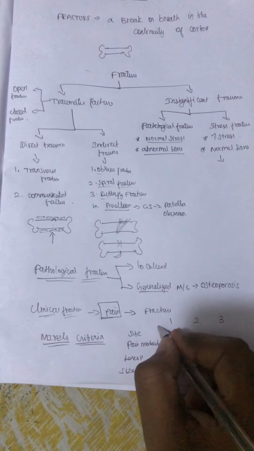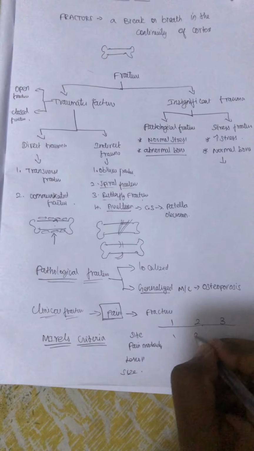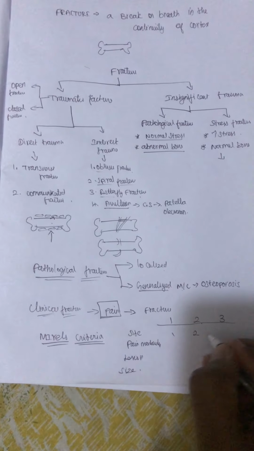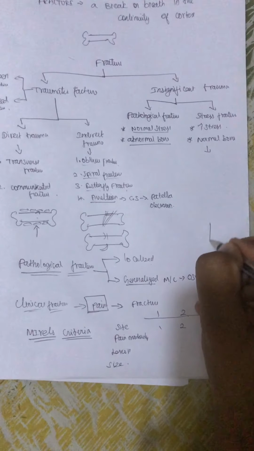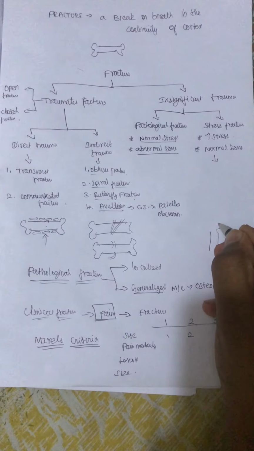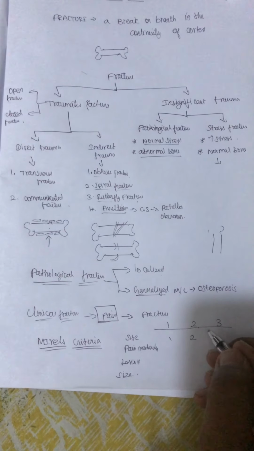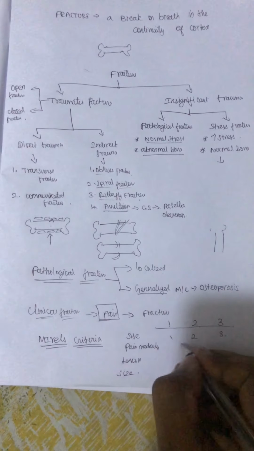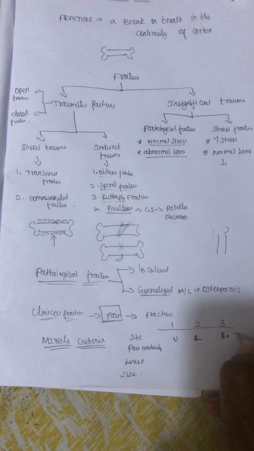If the patient has pain in the lower limb, we give 2 points. If the patient has lower limb pain with pain in the trochanter, the femur having the greater trochanter and the lesser trochanter, then we give the score of 3. So upper limb, lower limb, plus trochanter.